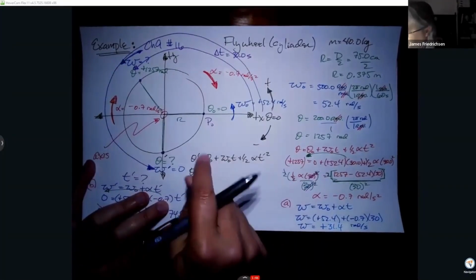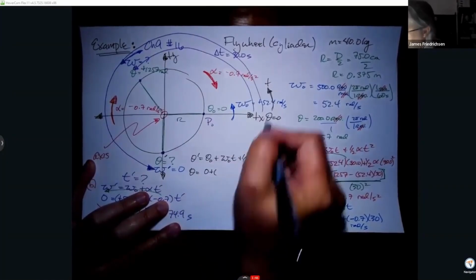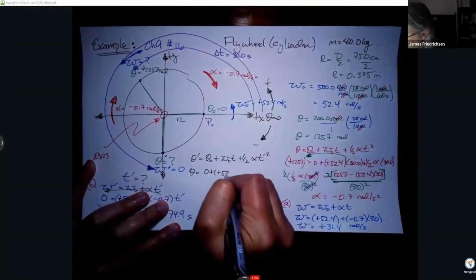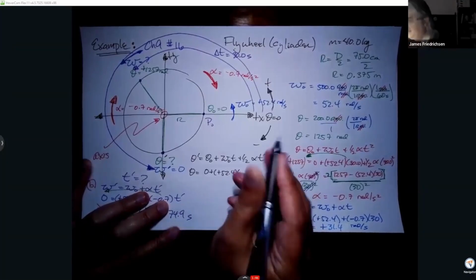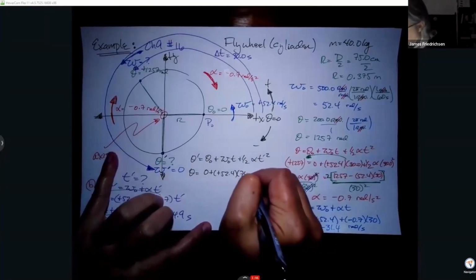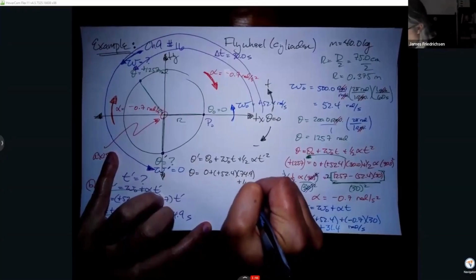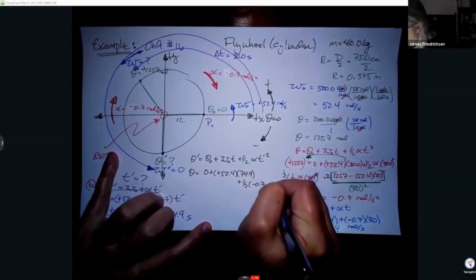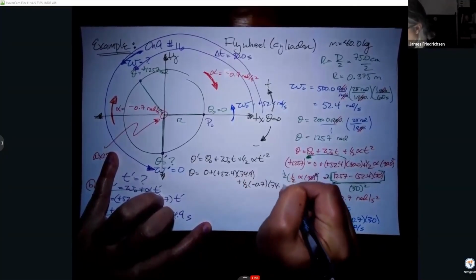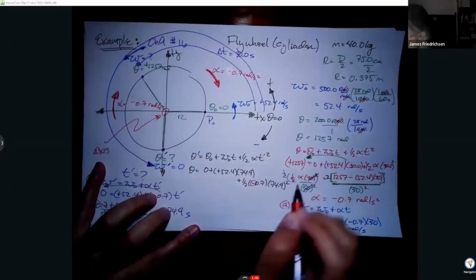So the initial angle was at 0. The initial omega was our plus 52.4. The time to go from here all the way to the stop is the 74.9. And then this will be plus 1/2 negative 0.7, 74.9 quantity squared. So sorry, I have to do the two lines. So be careful with this minus sign right here.